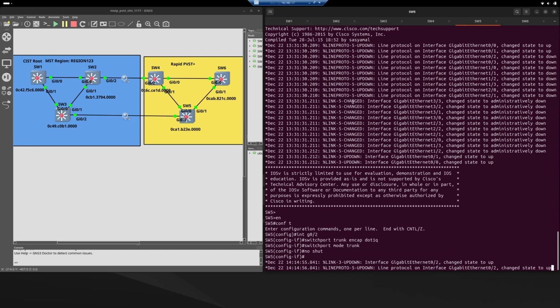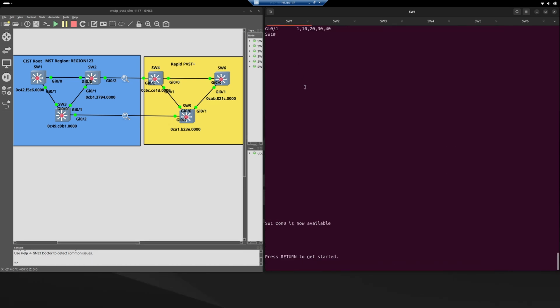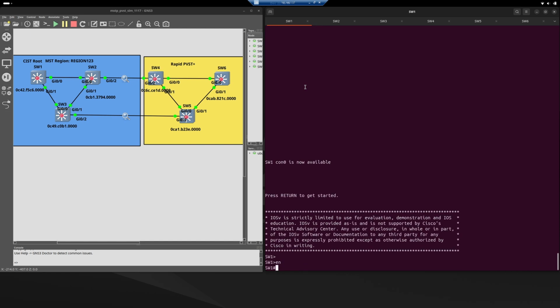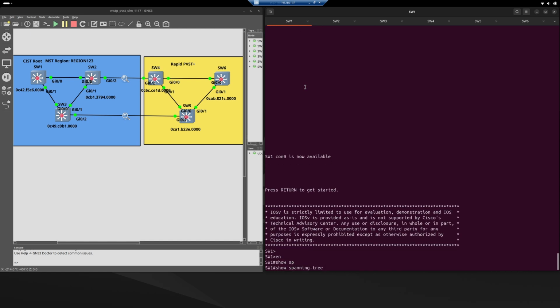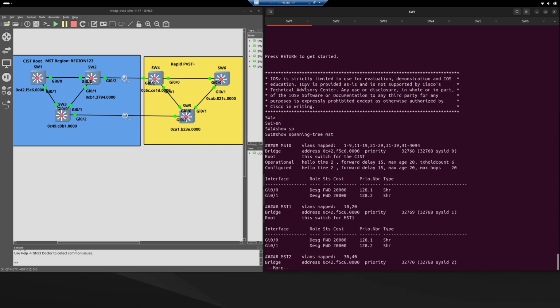And let's see which one is elected as the root bridge, or the CIST root. On switch 1, show spanning-tree mst. Switch 1 is claiming that he is the CIST root. That is what we have expected.